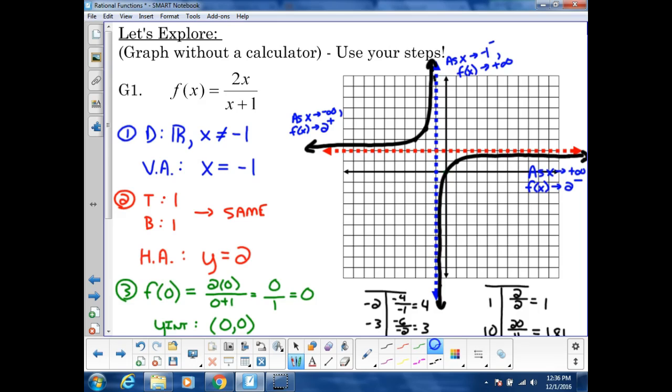This is saying as x is approaching -1 from the right, f of x is approaching negative infinity. Okay? With me?